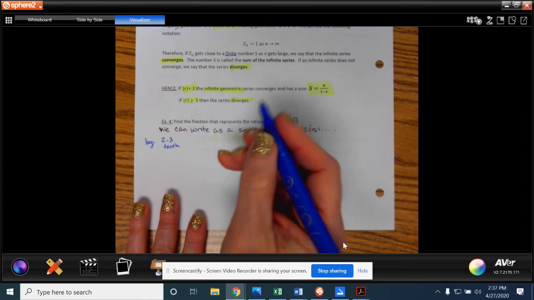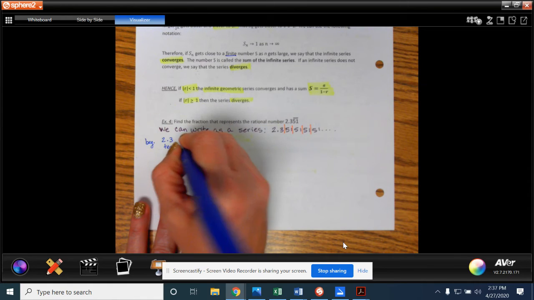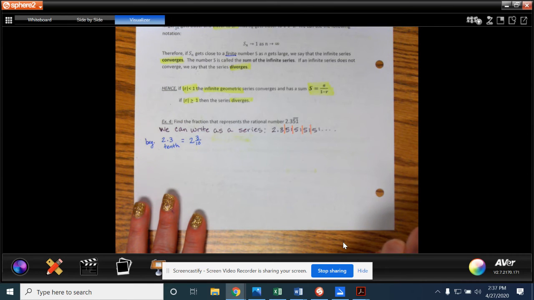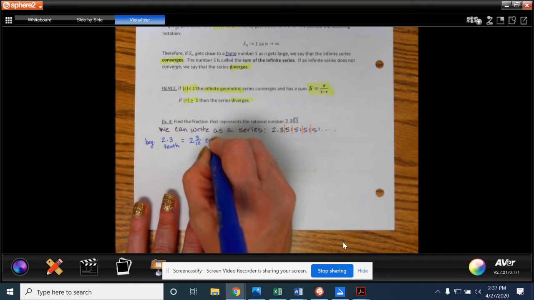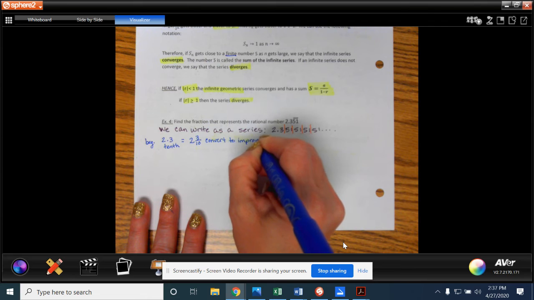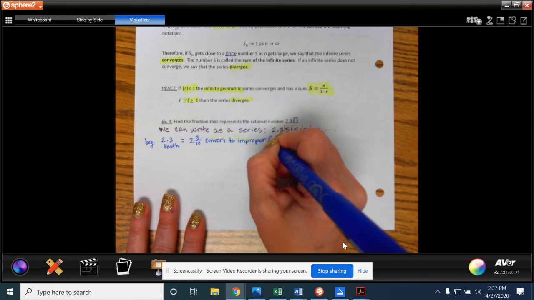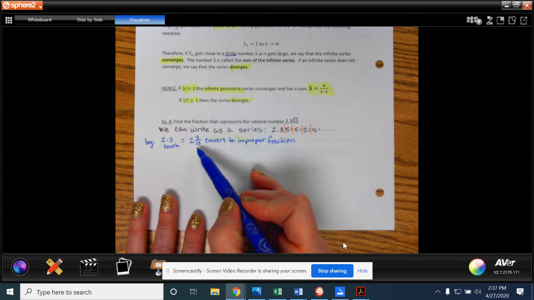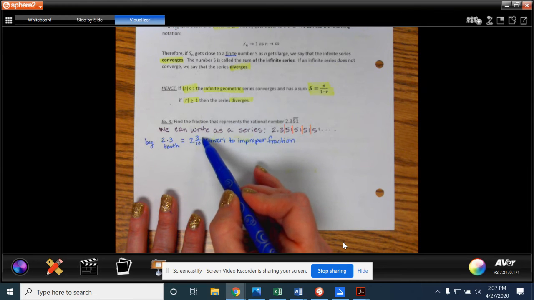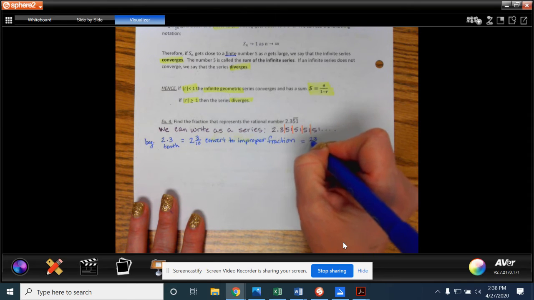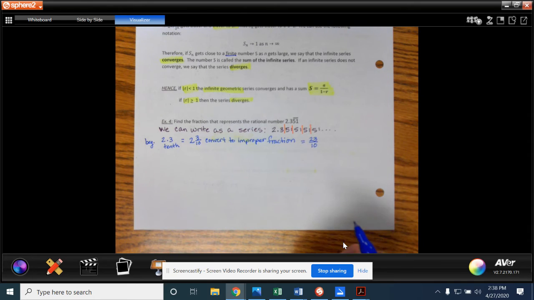So we would convert that to 2 3/10 as a mixed number. But I need to convert to improper fractions because we hardly ever use mixed numbers anymore. And for those that don't remember, I would take 10 times 2, get 20, and add the top. So that makes it 23 over its original fraction piece, and that's 10.